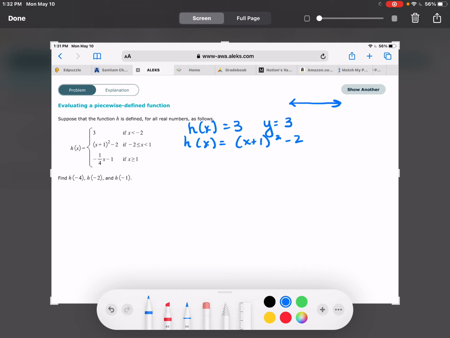That's a parabola. And it's in vertex form, so I know that this is a parabola whose vertex is at -1 and -2. And then we have the h of x equals -1/4 x minus 1. And that's a linear function.